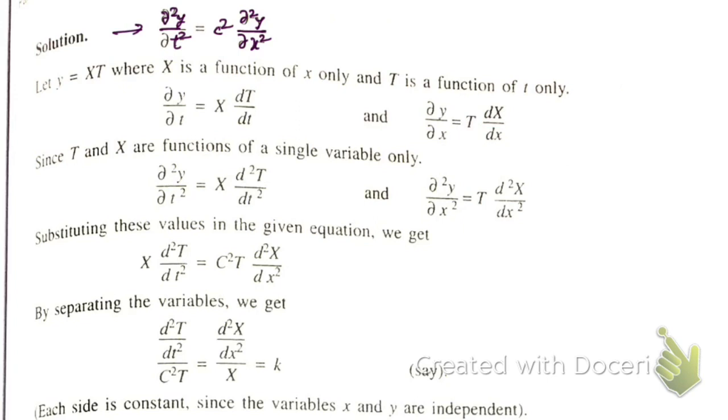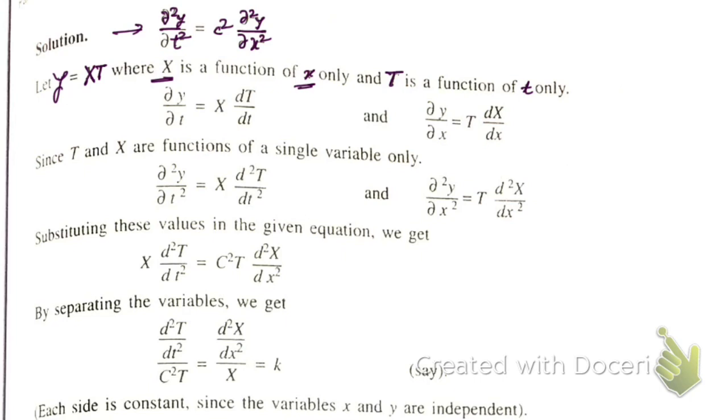Let us consider the solution to be y equal to capital X times capital T, where capital X is a function of small x and capital T is a function of small t only.